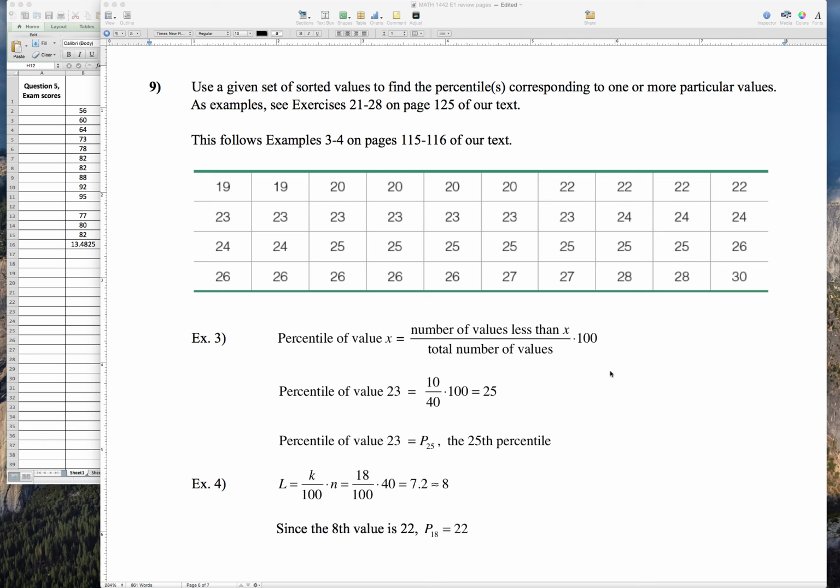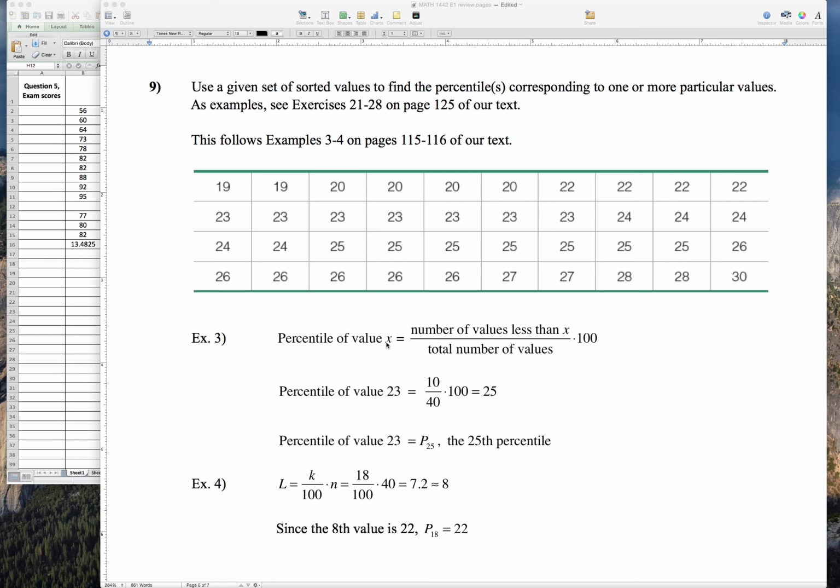So we're asked to find the percentile of 23. And so here's the formula for that. You're going to probably want to include that on your notes. It's really just this formula right here, restated algebraically. You move things around and you come up with this.